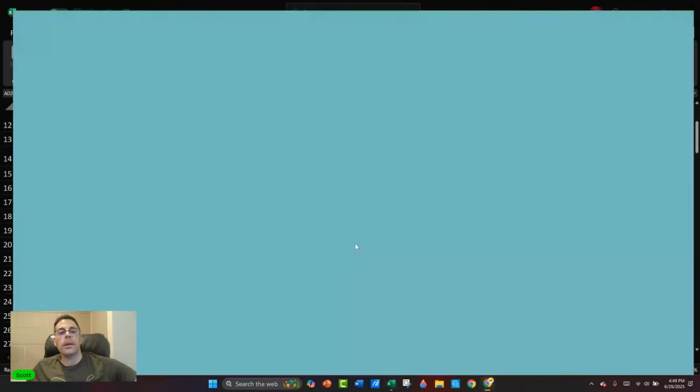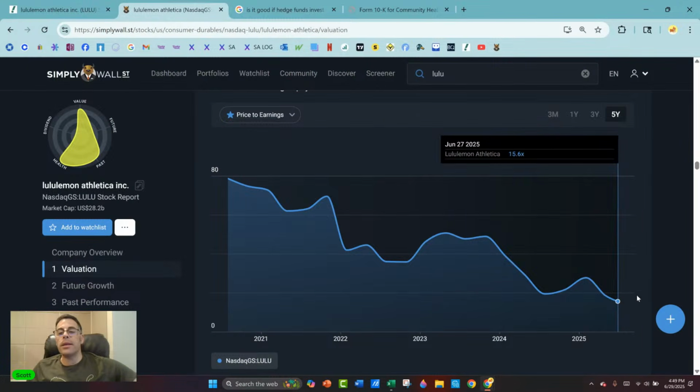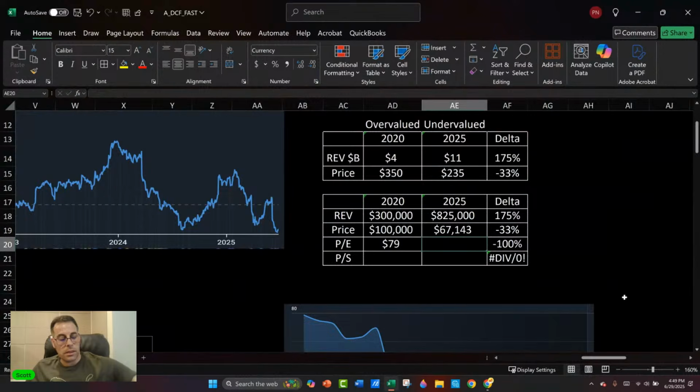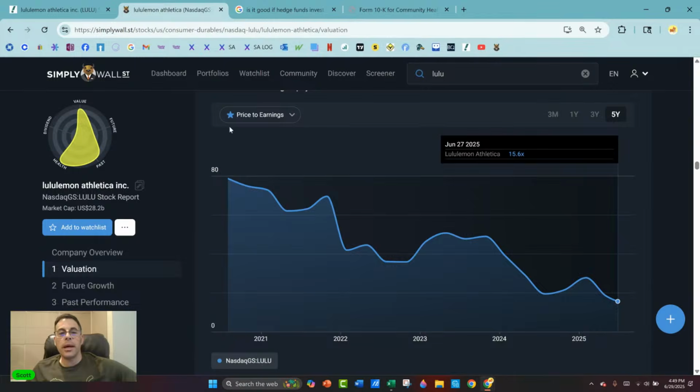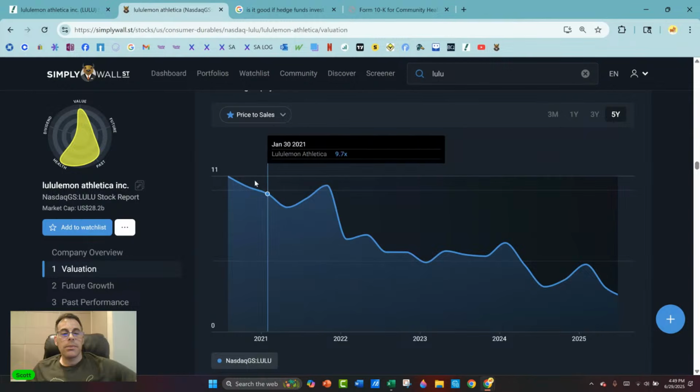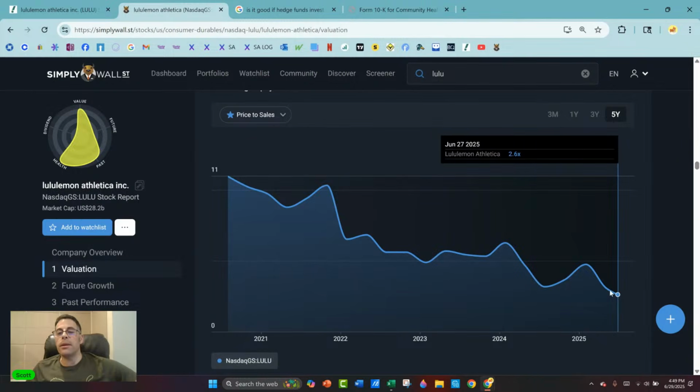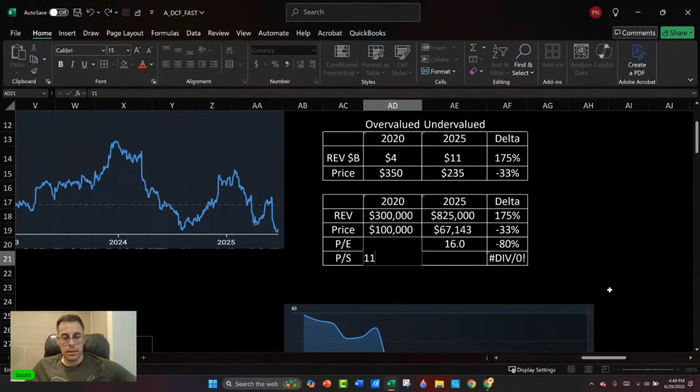So PE in 2020 went from 79 to 16. This is really helpful. Price of sales went from 11 to 2.6.